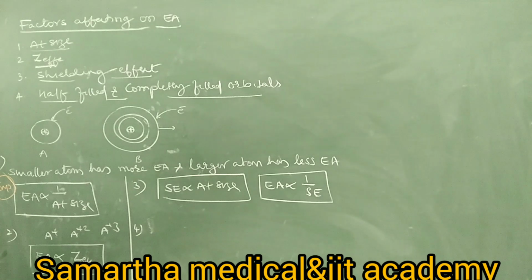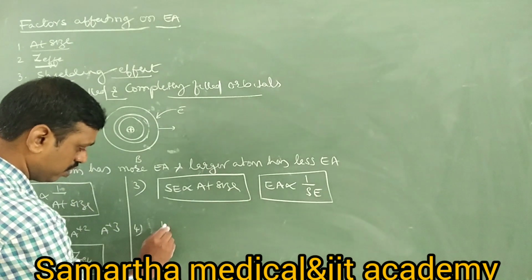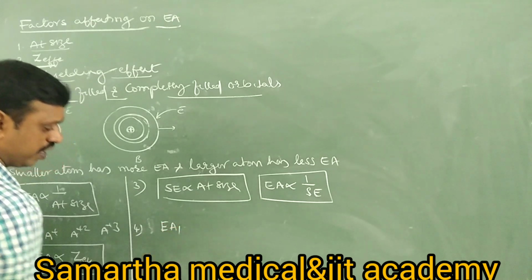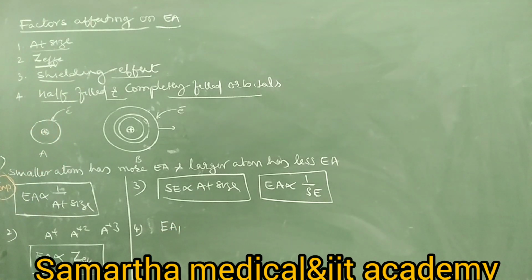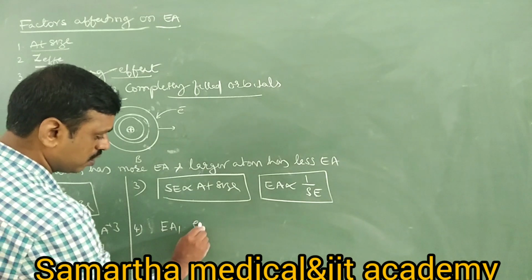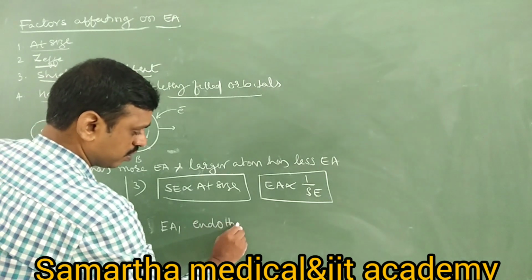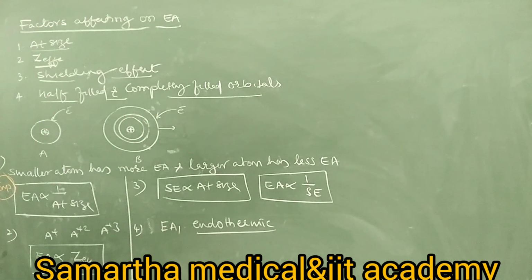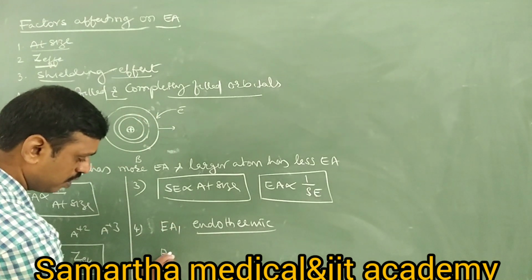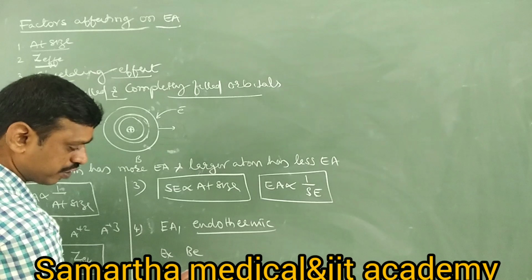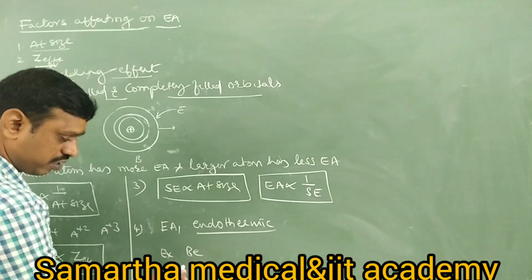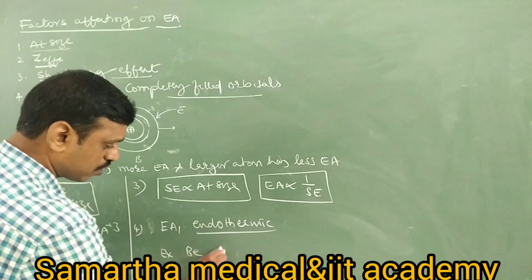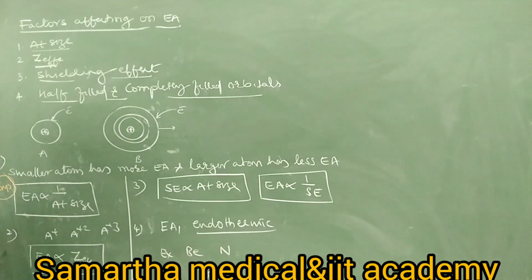Therefore their electron affinity 1, their EA1, is endothermic. For example, we have studied beryllium has a stable electronic configuration, even magnesium has a stable electronic configuration, nitrogen also has a stable electronic configuration.